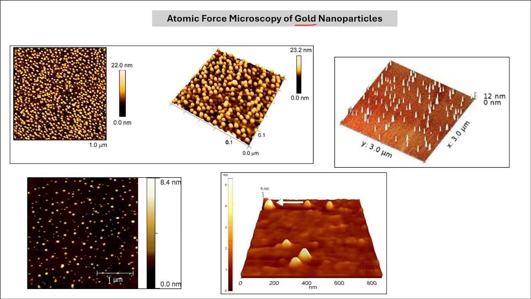The black regions denote 0 or 1 nanometer of height, but if you consider this particular particle, it shows the lightest color, so it shows the height. If this is the nanoparticle, then this height is somewhere around 23.2 nanometers. This scale is from 0 micron to 0.1 micron. So this is the size in 2D, and this is the size in the z-axis.